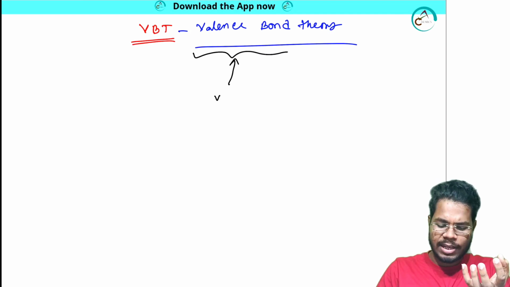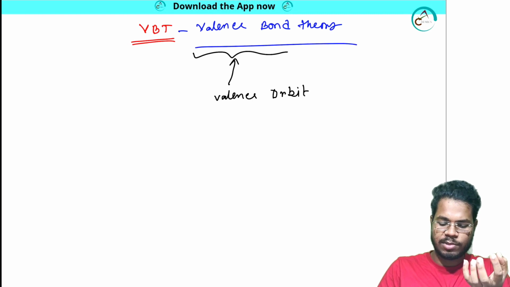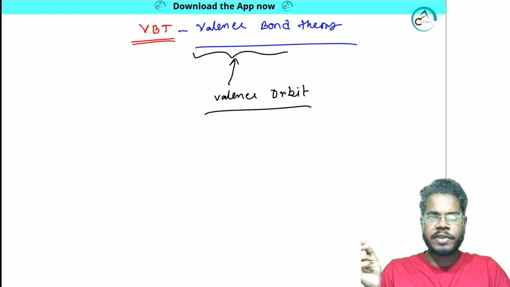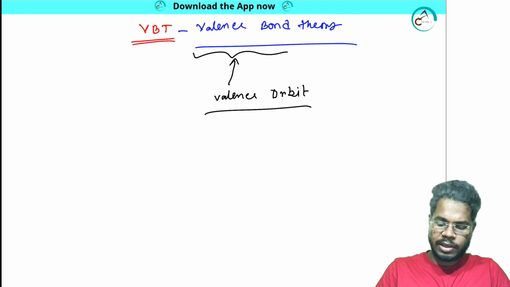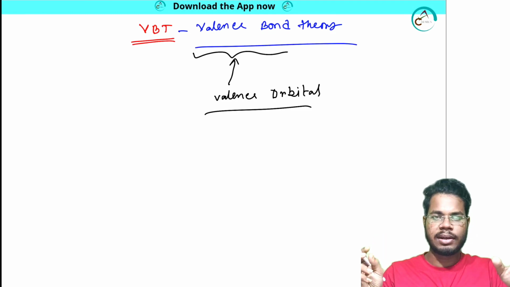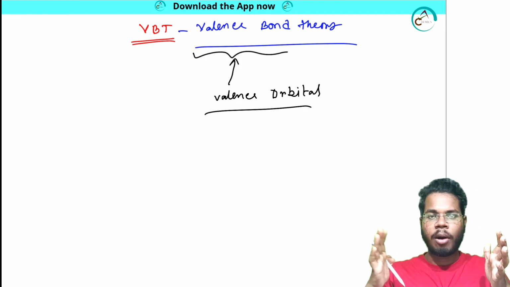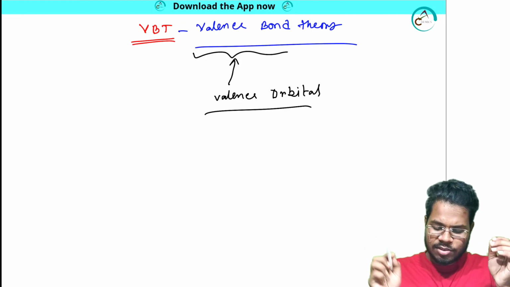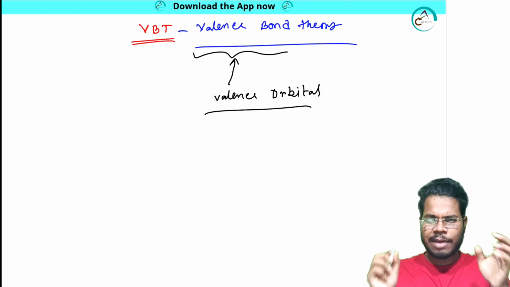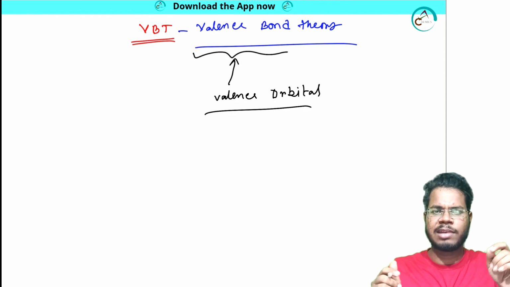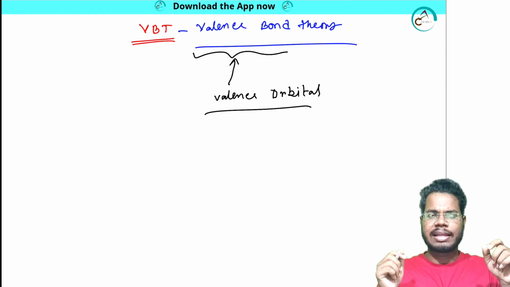Only the valence orbit in terms of old theory, or from modern theory, only the valence orbital. The valence orbital takes part to form a bond, and the same thing applies in valence bond theory, that's why the name is valence bond theory.